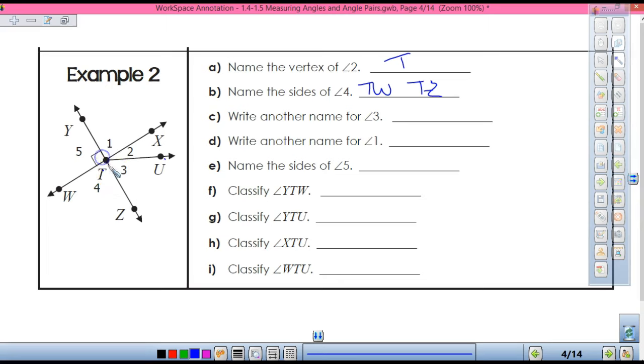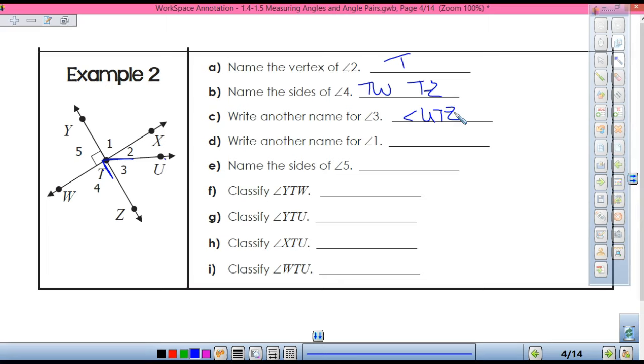All right, and so now we're talking angle 3. So that angle right there, they want another name for it. So angle, how many letters do we need? 3 letters. UTV. 3 letters. Your vertex has to be in the middle.